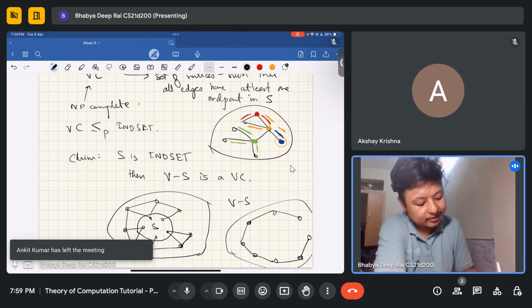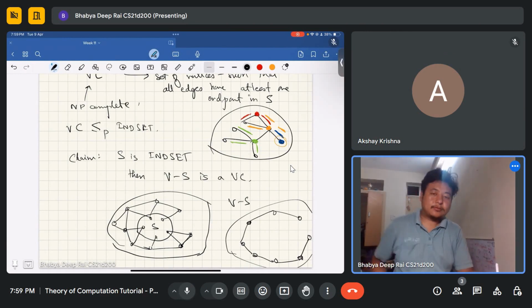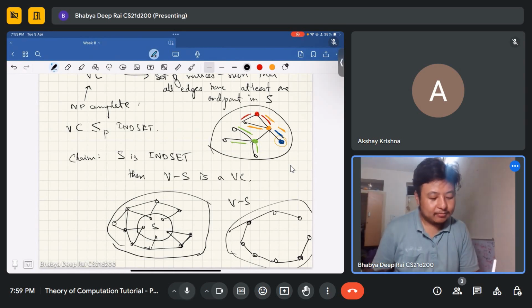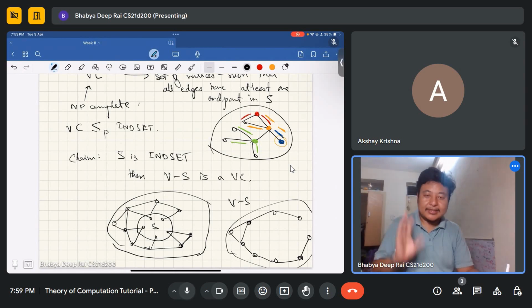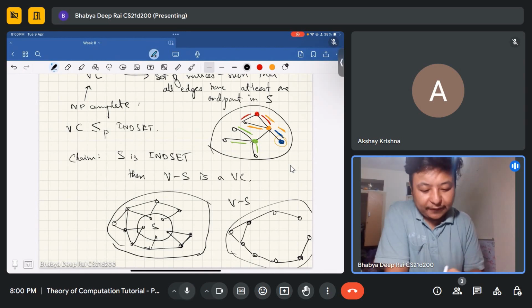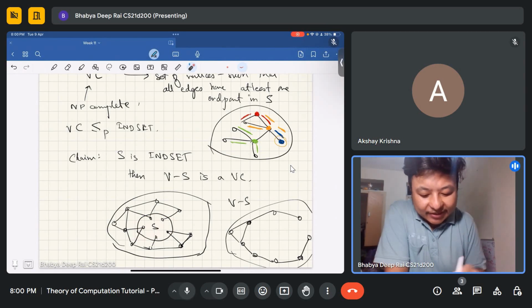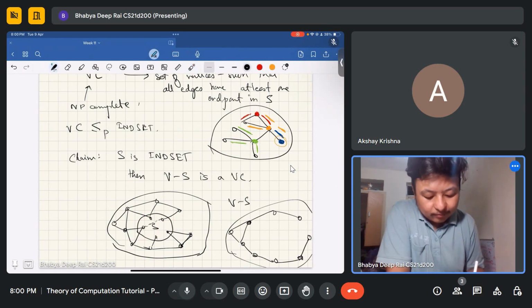So this is somewhat what happens, and now if I delete S, this is what I get. The argument is that this needs to be a vertex cover. Why? Or rather, if S was not an independent set, it means that there is an edge among them.